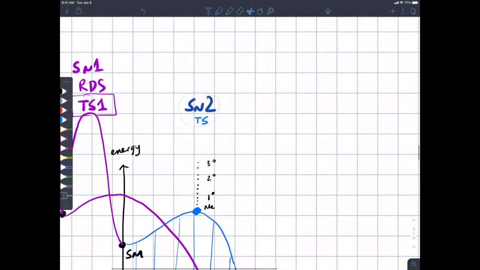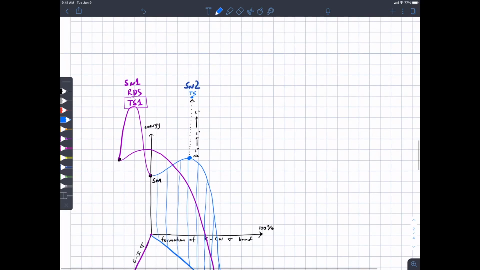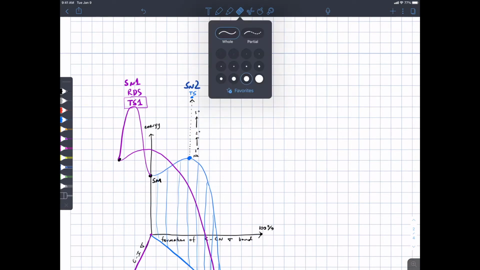And that, because of sterics, should increase the energy of the transition state for SN2 to the point that it no longer becomes doable. The transition state is high enough in energy that the activation energy for that SN2 step is too high to occur at whatever temperature we're thinking of.